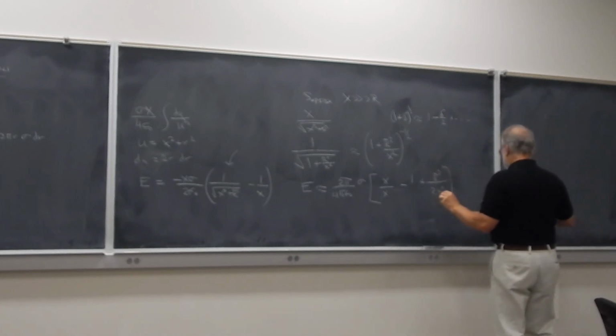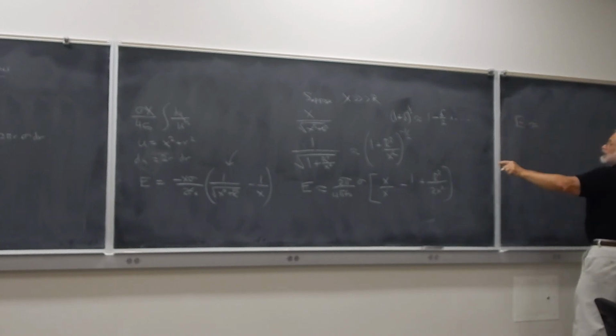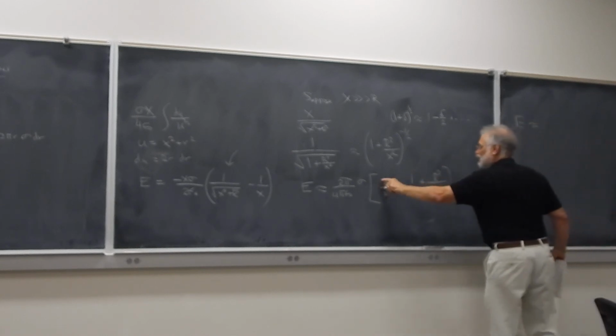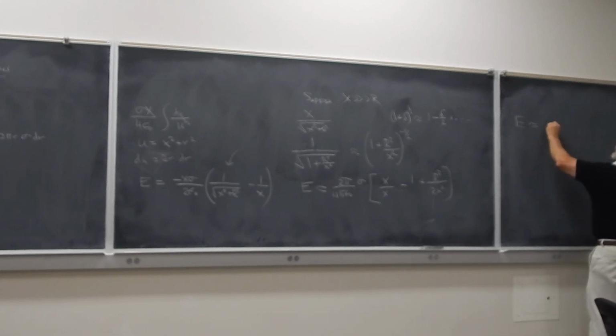which is going to give me then, obviously x over x is 1, 1 minus 1 is 0, so this is going to make this really simple. It's going to look like sigma pi capital R squared over 4 pi epsilon naught x squared.